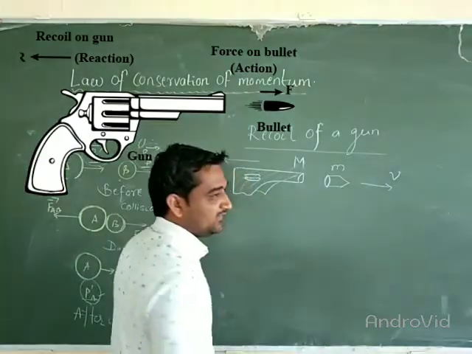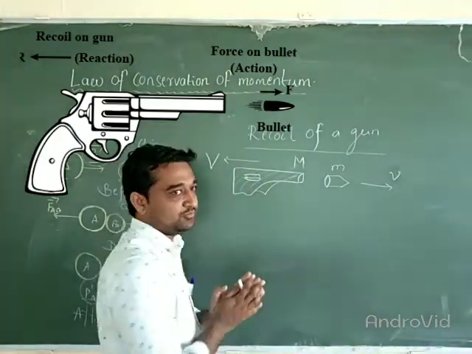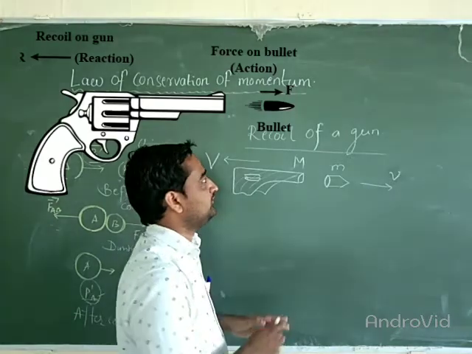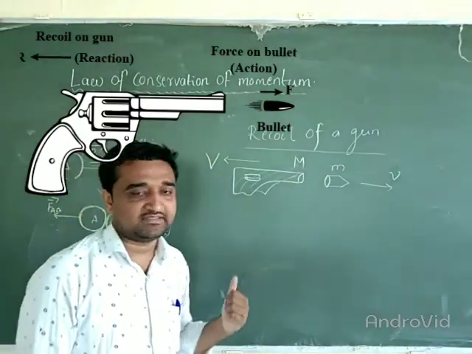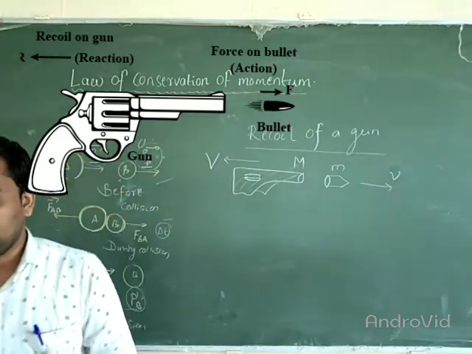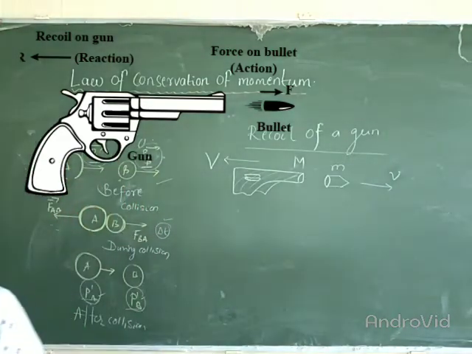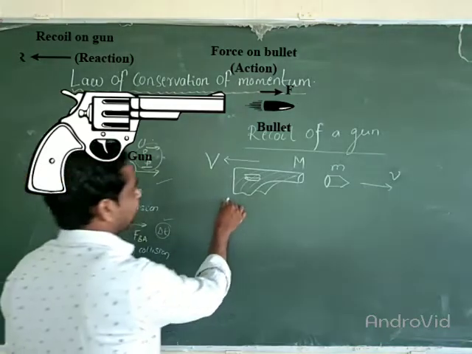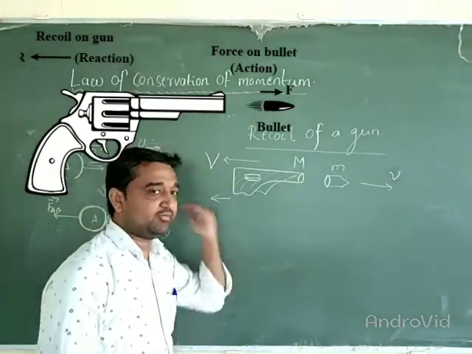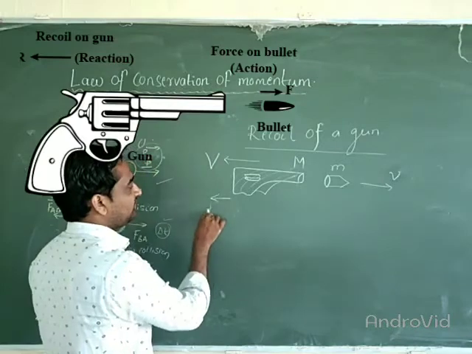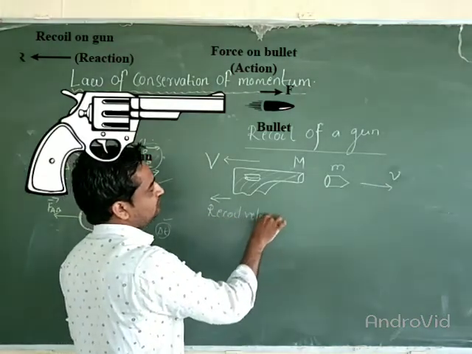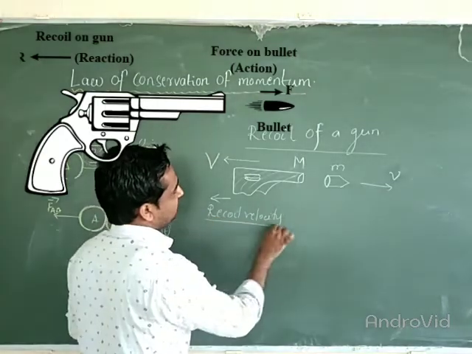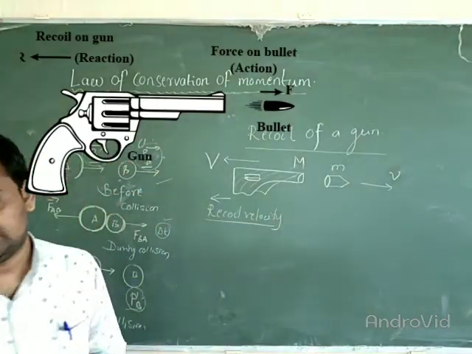After firing the bullet, the gun moves in the backward direction, and that is called the recoil of a gun. The backward motion of the gun when it is fired is called the recoil of a gun. The velocity with which the gun is recoiled is called recoil velocity.